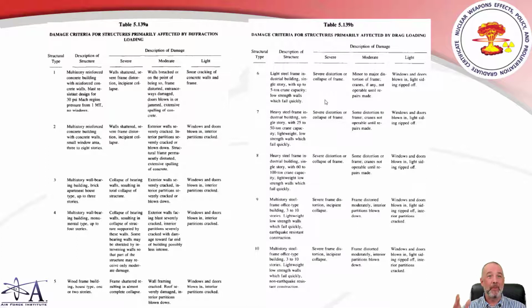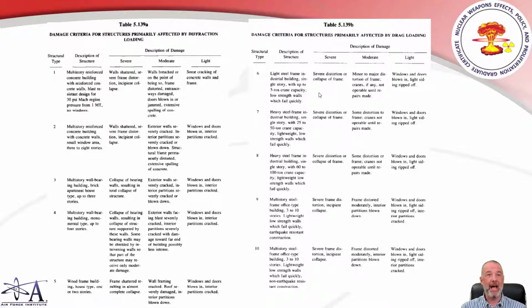You could have some separation of the skin from the support beams, so that they flap a bit but weren't actually ripped off. That would also be something that I would consider light damage. And then it goes on, pages and pages of these things, descriptions of what building or structure they're talking about, and then what they consider to be severe, moderate, or light damage.